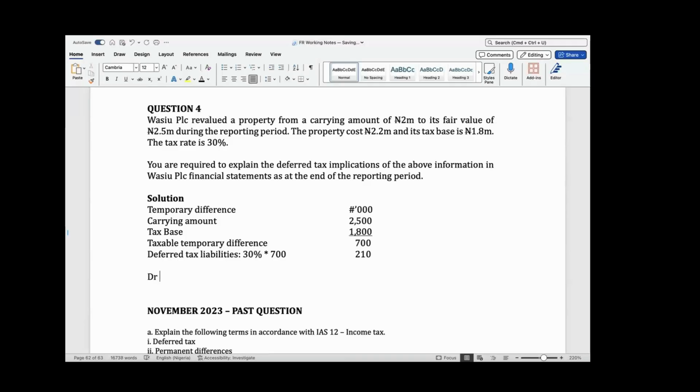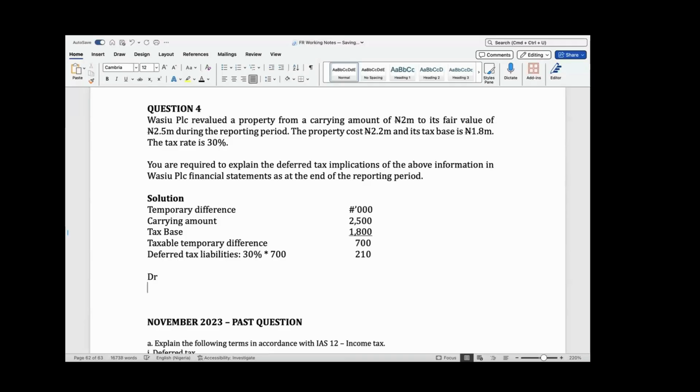Now, this 210, how am I going to record it in my books? Of course, I will credit deferred tax liabilities of 210. I will debit my income tax expense or deferred tax expense.